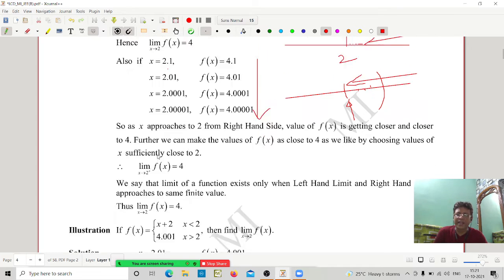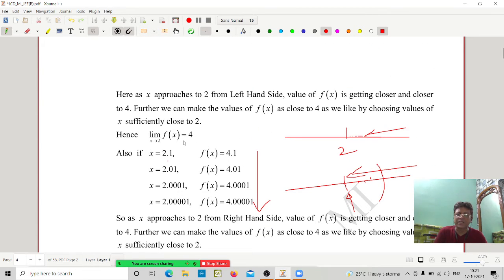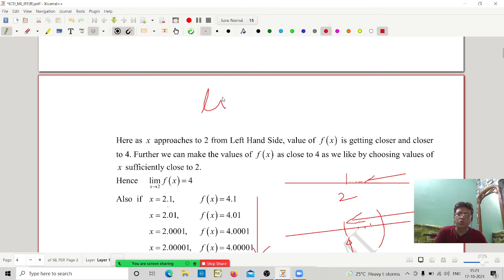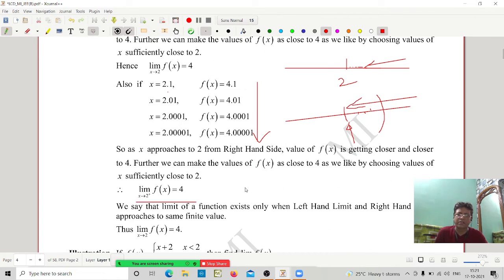Therefore we write limit x tends to 2 minus f(x), where the superscript minus denotes the left hand side approach, and in the other case limit x tends to 2 plus, which implies you are approaching from the right of 2.